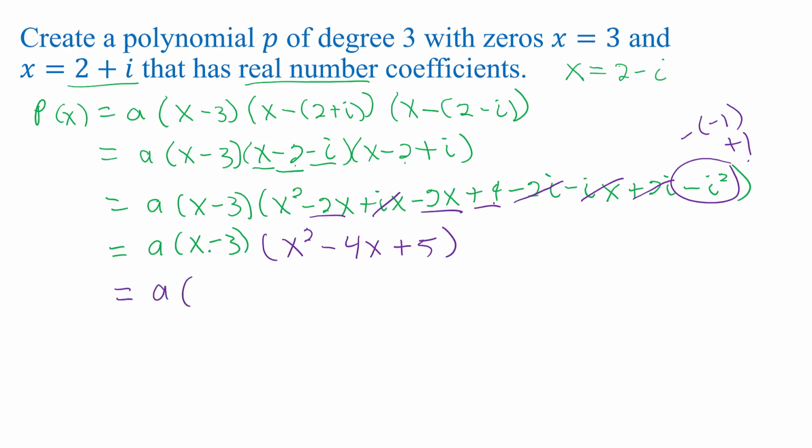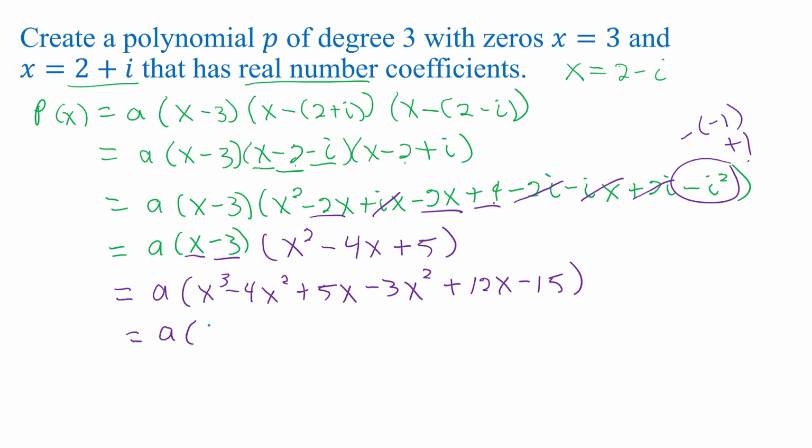We have a times, first distributing the x through will give us x cubed minus 4x squared plus 5x. And then distributing the negative 3 through, we have minus 3x squared plus 12x minus 15. And we simplify again to get x cubed minus 7x squared plus 17x minus 15.